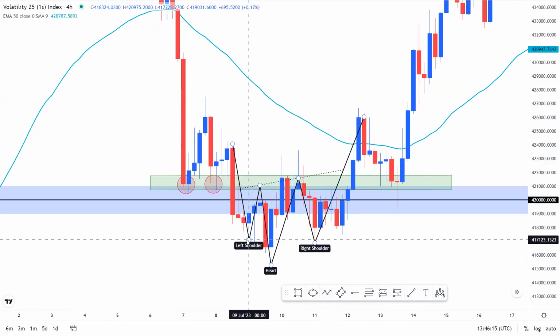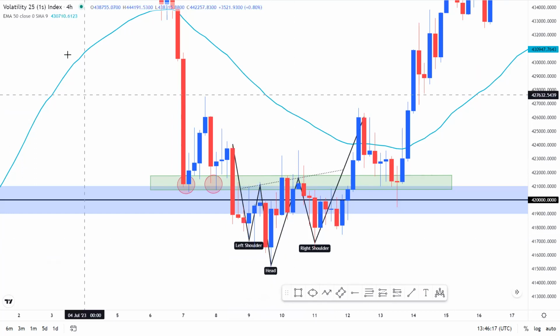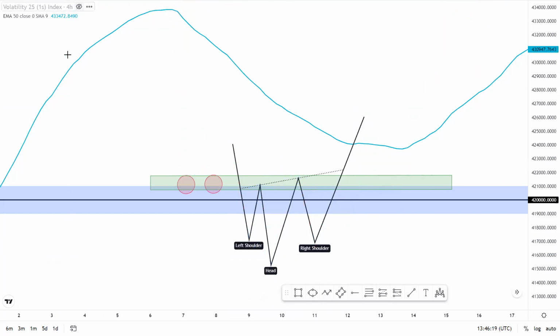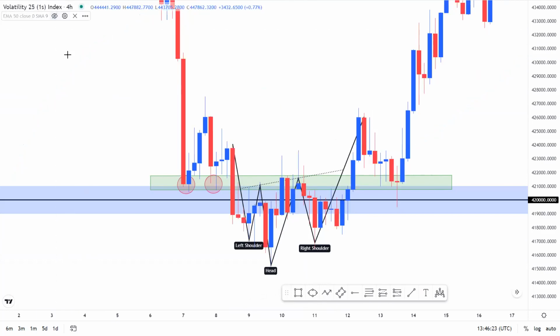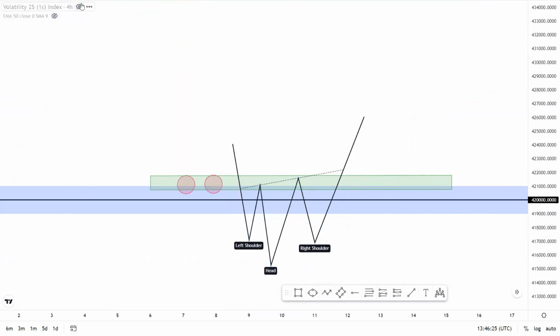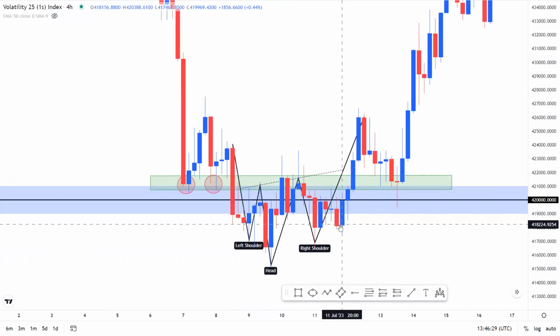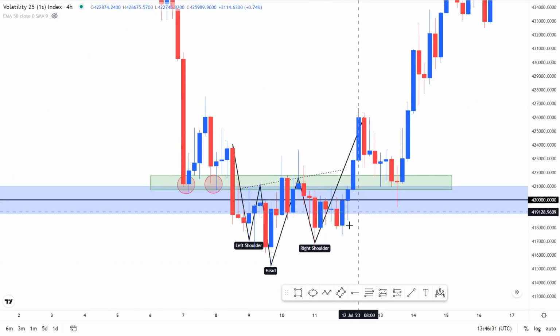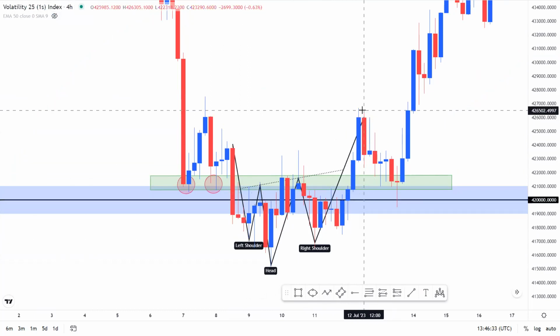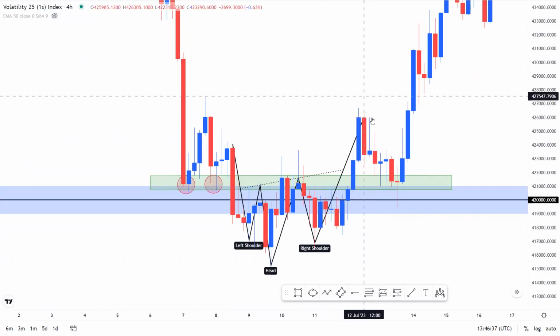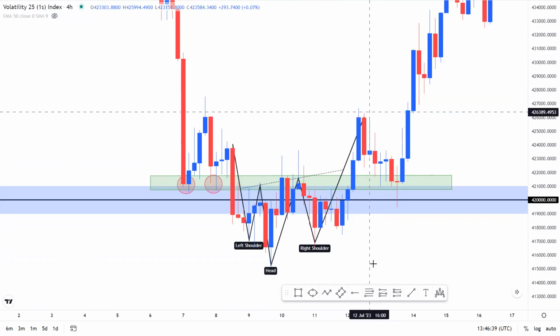So we have this being the left shoulder, the head, and then the right shoulder. With the right shoulder here, clearly what's giving us an impulsive movement that created the higher high at this level.